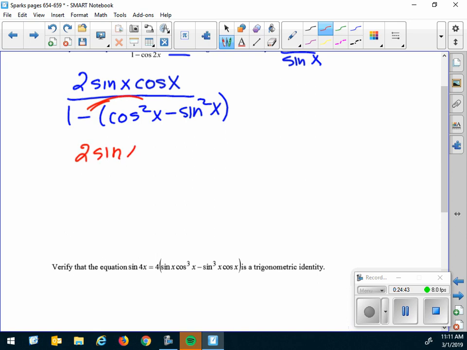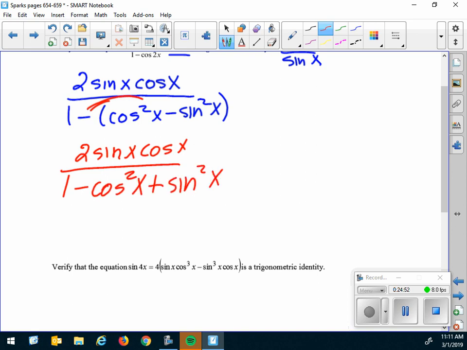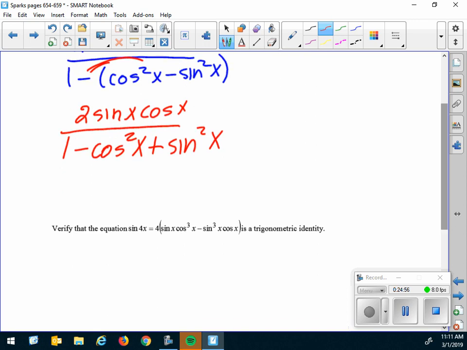Well, I'd have 2 sine x cosine x over 1 minus cosine squared x plus sine squared x. I can't do anything. Now, some of you might think, oh, there's cosine squared x plus sine squared x. No, there's not. That cosine squared x is negative. There's not a thing I can do. I am stuck. So that's when you say eraser.